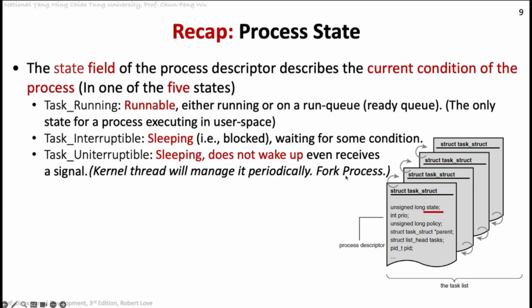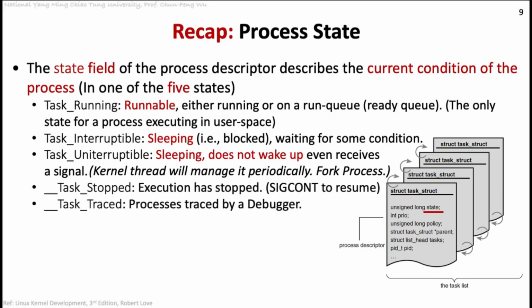When we create a new process, the new process will be set to TASK_UNINTERRUPTIBLE, and only some kernel thread can wake it up. We'll explain this later. There are also some other special states, but we talked about them last time, so let's skip them now.